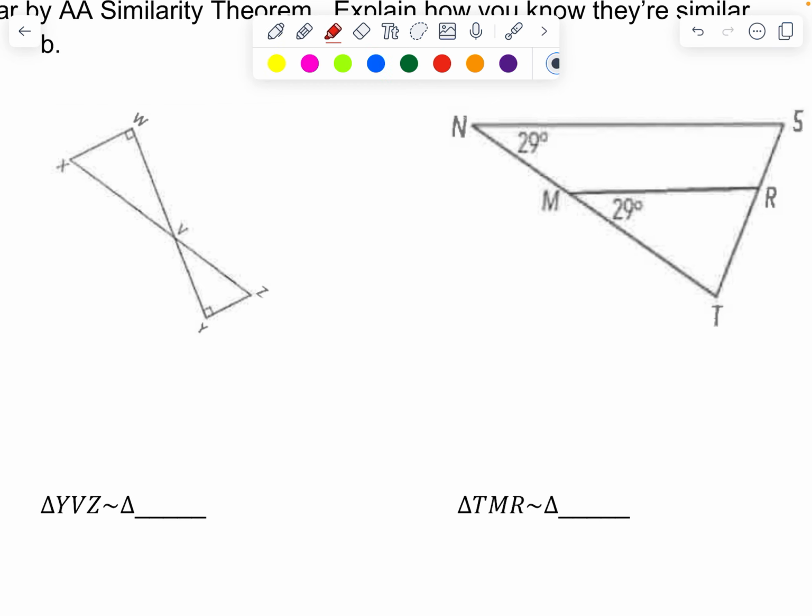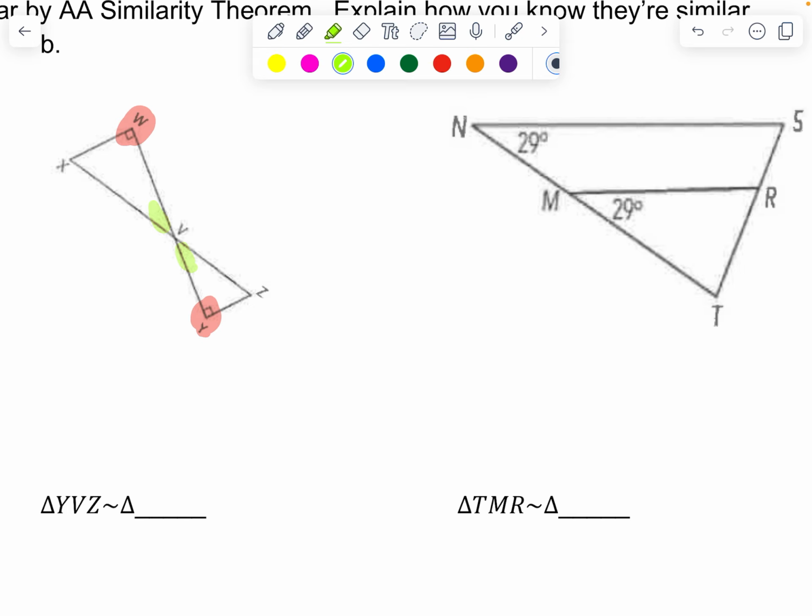So now we're going to look over at this one. This has a right angle and this has a right angle. Then, are there any other angles that are congruent to each other? Well, this angle right here and this angle right here, those are vertical angles. So that means that we have two angles of a triangle that are congruent to two angles of another triangle. That means the two triangles are similar.